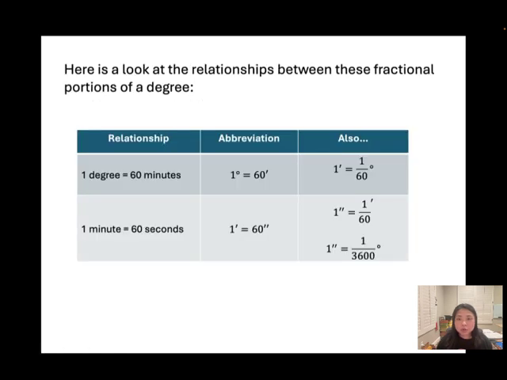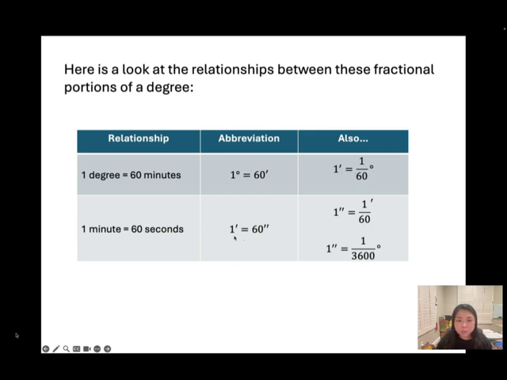And here's a look at the relationship between these fractional portions of a degree. So 1 degree equals 60 minutes. Another way to say it is 1 minute equals 1 over 60 degree.